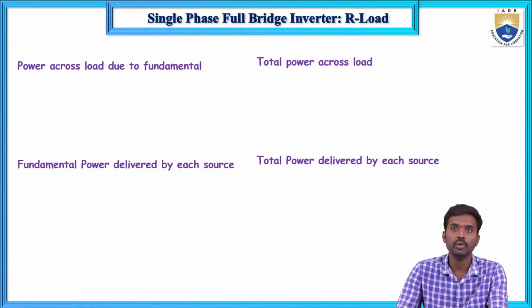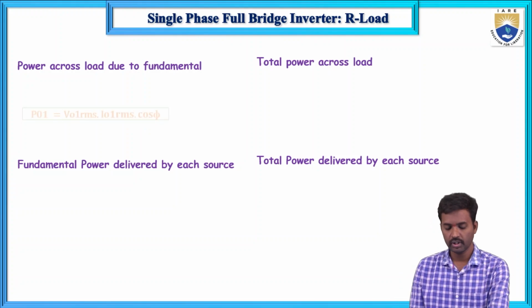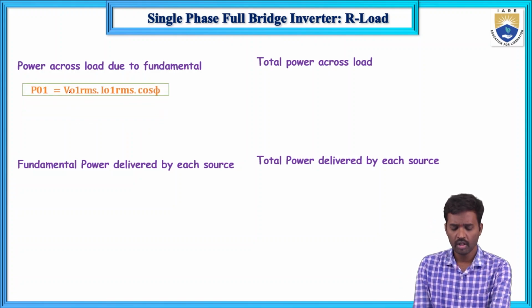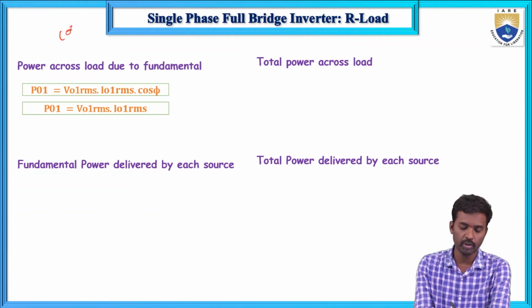And next, total power across load due to fundamental. This is the formula. Total power equals V01 RMS and I01 RMS cos phi. What is the cos phi? It is the cosine of the angle between voltage and current.